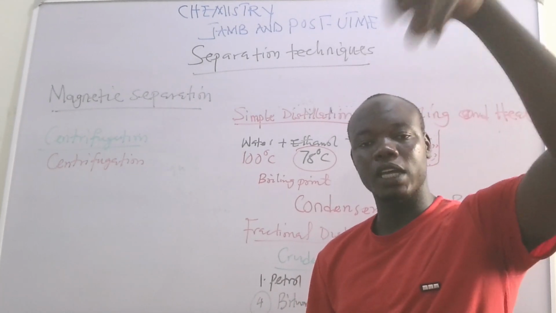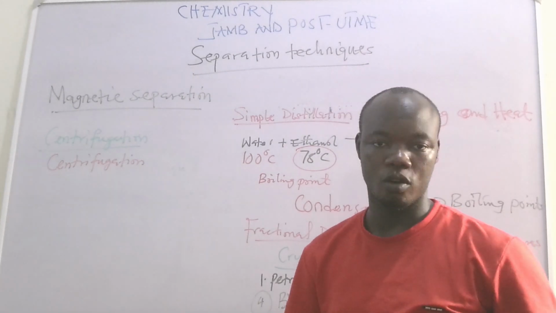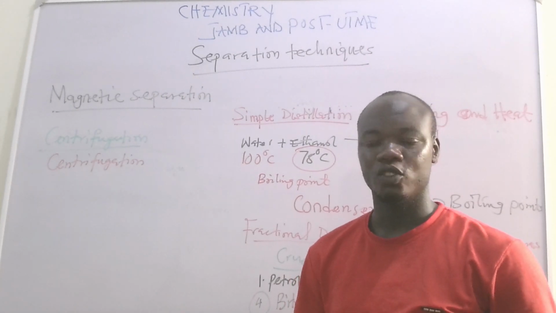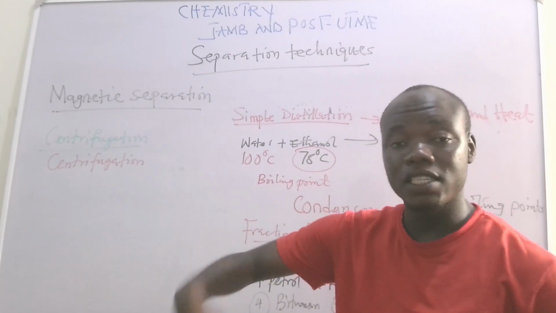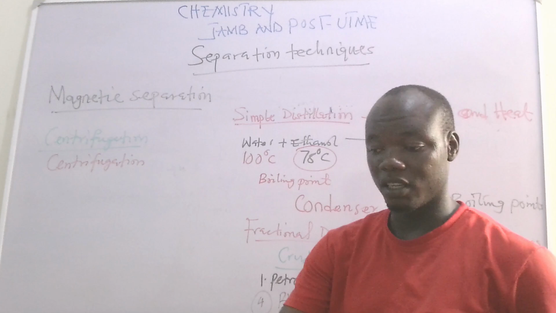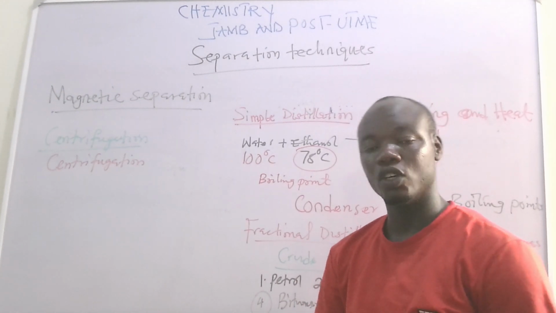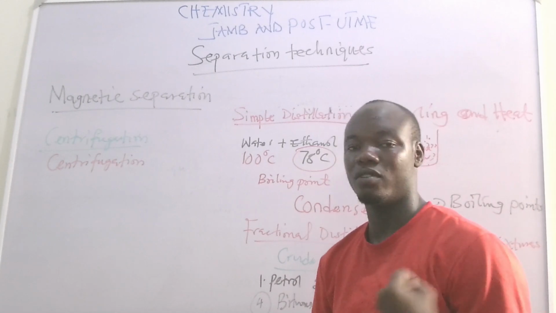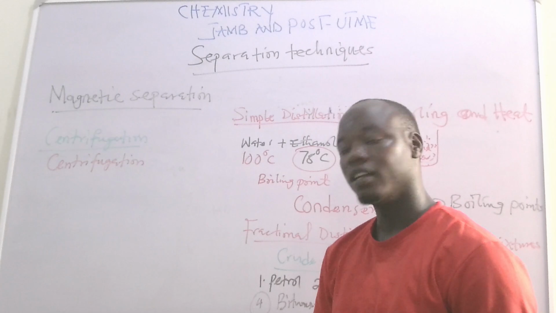For example, if you take blood, there are so many components in the blood, like plasma and cells. Assuming that you want to get the plasma from the blood, you have to apply this centrifugation method.